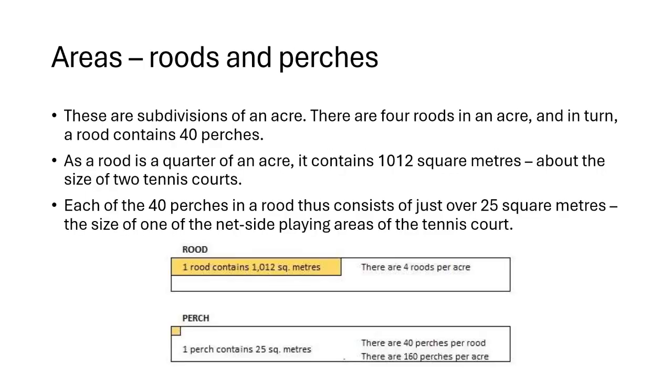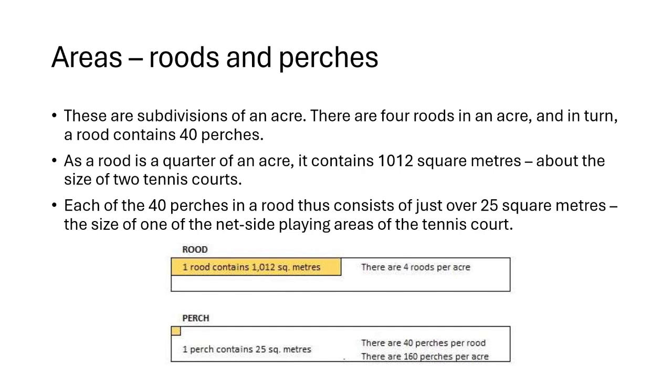And then they took that acre and broke it down further, because an acre was obviously a pretty big area. So they created roods. They decided that they're going to fit 4 roods into an acre.